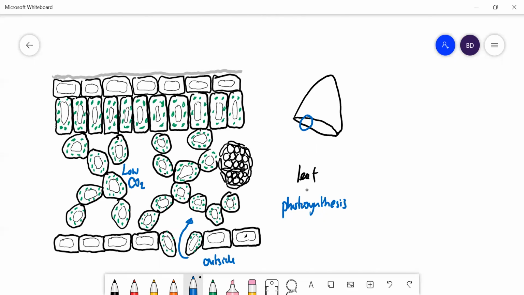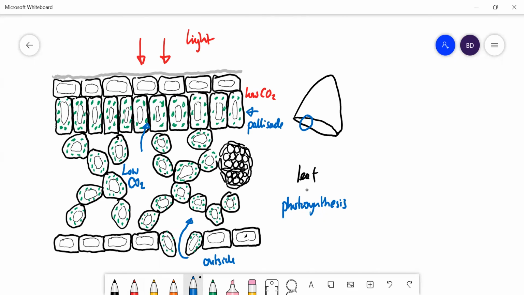And of course, you've got this very dense layer of cells here, the palisade layer, and they're going to be doing a lot of photosynthesis. The light's coming in this way, remember? So there's going to be a concentration gradient. You're going to have even lower concentrations of CO2 here because you've got loads of photosynthesis, and that means the CO2 is going to carry on diffusing into those cells down the concentration gradient.